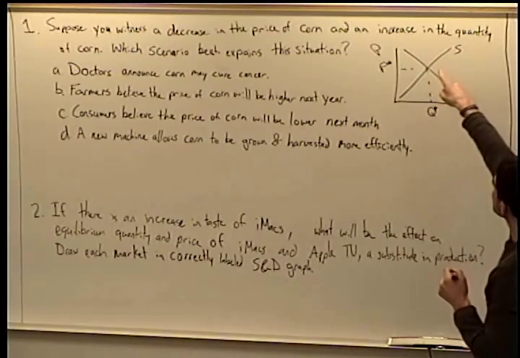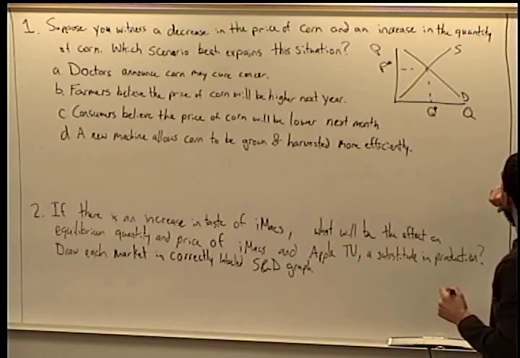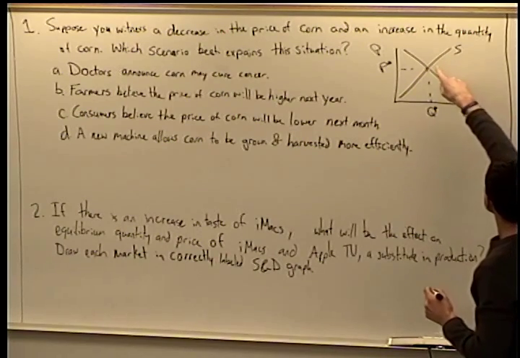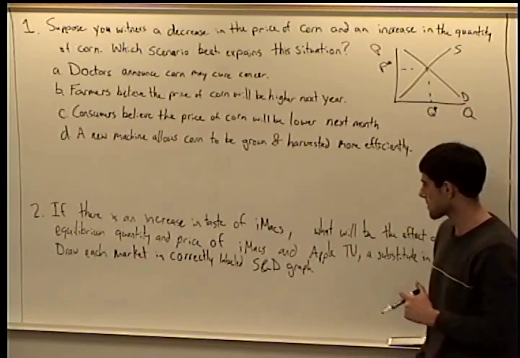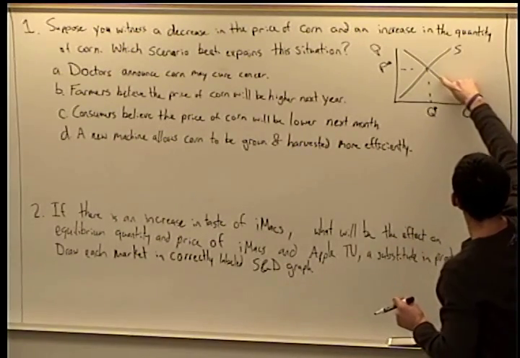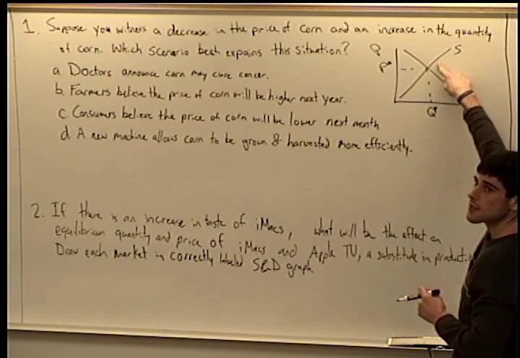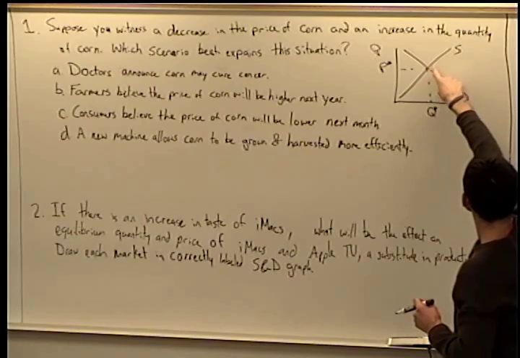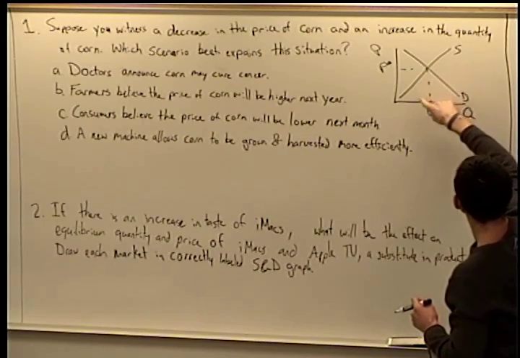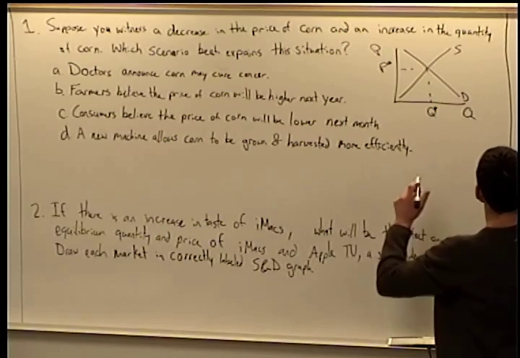The price of corn goes down, but the quantity of corn increases. So the quantity has to increase, which means that supply or demand has to increase. If we increase demand, we would increase the quantity, but the price would also go up. However, if we increase supply, so supply shifts this way, price would go down and quantity would increase.